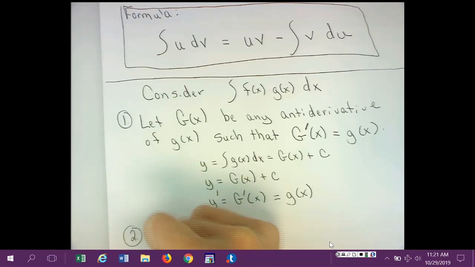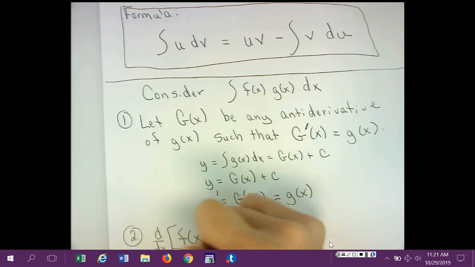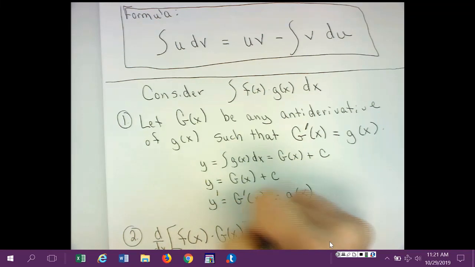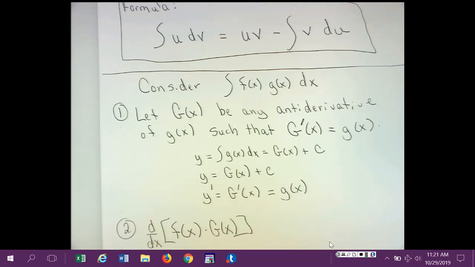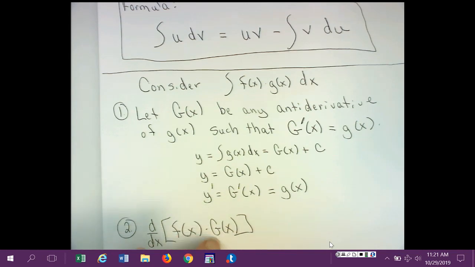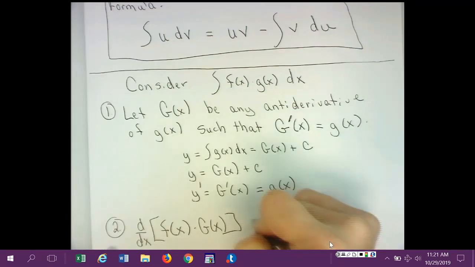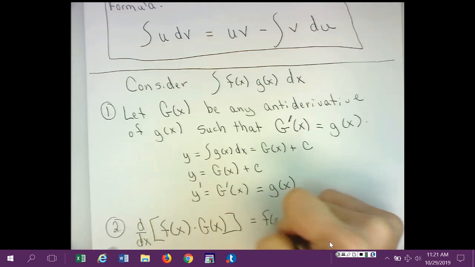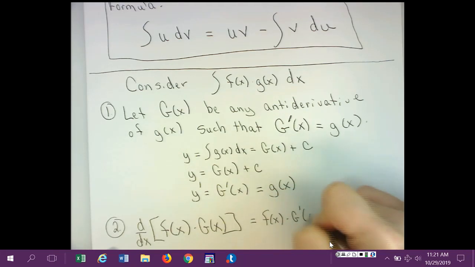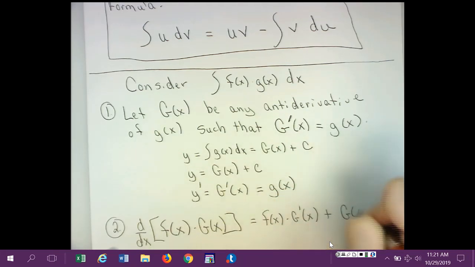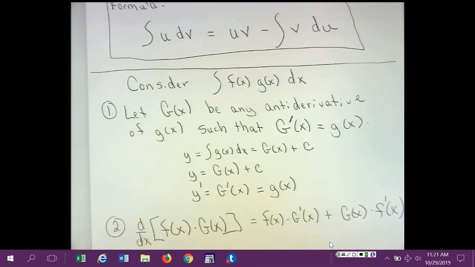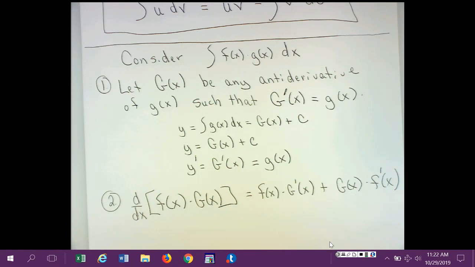Consider taking the derivative with respect to x of the following product, f times capital G. And we're going to use the product rule to find that derivative. So little f times capital G. The product rule says first function times the derivative of the second plus the second function times the derivative of the first. So we have f of x times G prime of x plus G of x times f prime of x.